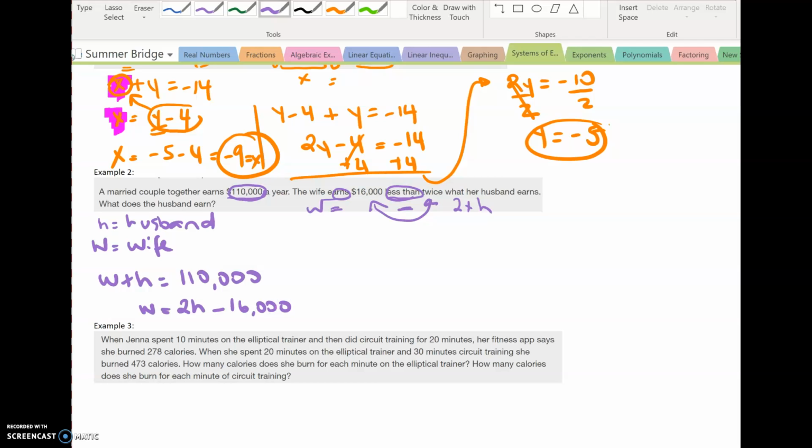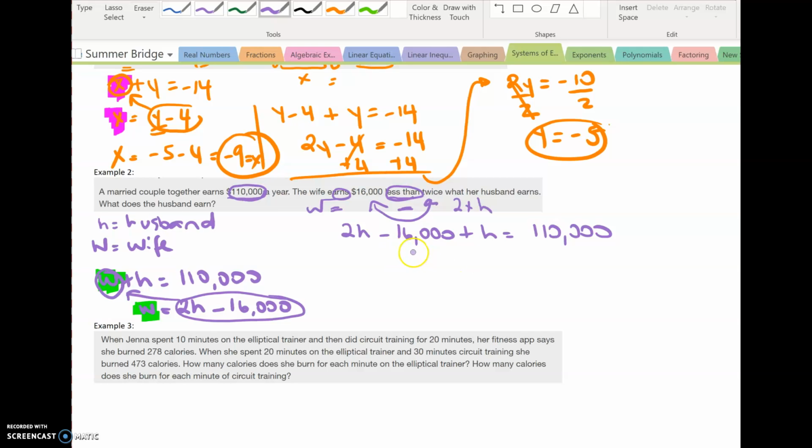Now, just like before, I notice that I've defined a W to be an expression, and I have a W in my original equation. So what I'm going to do is replace the W in the first equation with what I've defined W to be. So my new equation is going to be 2H minus 16,000 plus H is equal to 110,000.